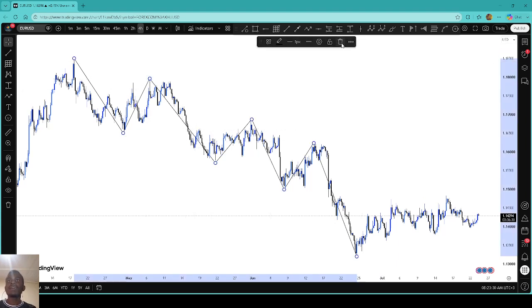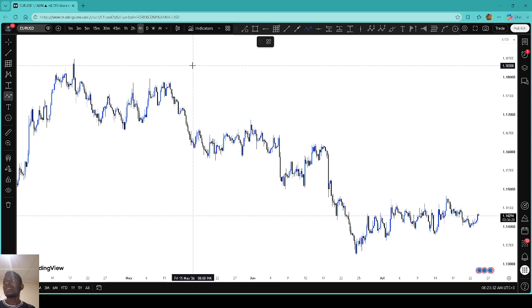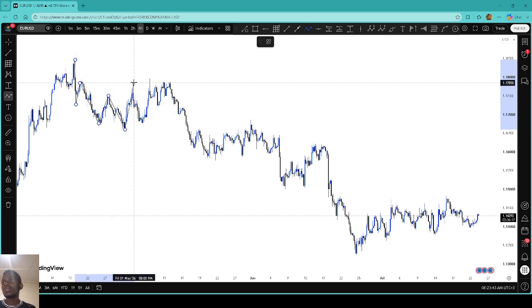But now let's look at the complex move of the market. You can see price come here, here, here, here. Then it comes up, it comes down, comes up, then it moves down, up, down, up, down, up, down, up.